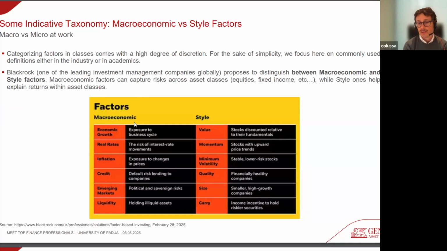Style factors are the ones that I mentioned so far: value, momentum, minimum volatility, quality, profitability, size, etc. Macroeconomic factors are, on the other hand, the ones that are linked to some variables that impact the economic cycle: interest rates, inflation, the credit cycle, so defaults, or could be liquidity, emerging markets, inflation.